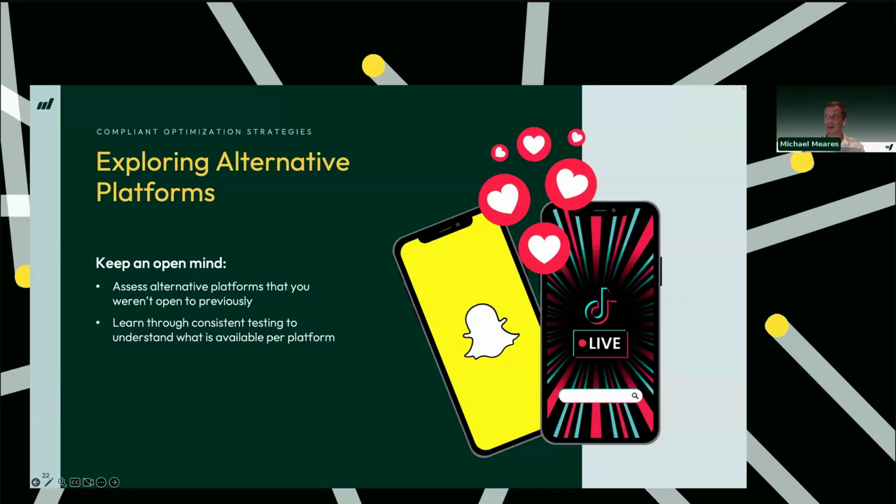I'm not saying that a Snapchat or a TikTok will necessarily have any better options in terms of targeting compliantly or performing compliantly or anything like that, but you can still use them for different purposes within your structure. It's just an opportunity to rethink what you were doing and reevaluate your spend. If Meta isn't driving leads anymore and they're pivoting to awareness, maybe TikTok will drive awareness just as well or better. Just some options to keep in mind.